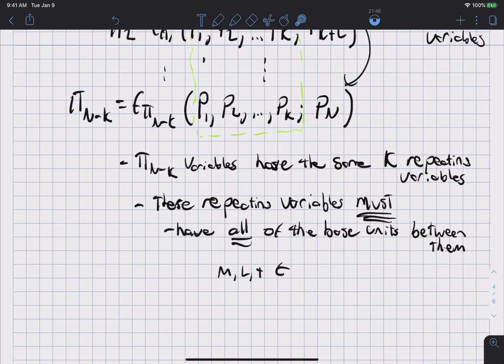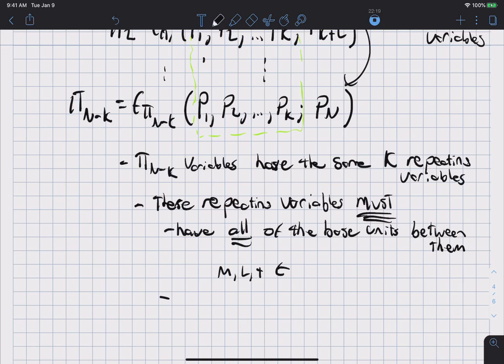So you could not choose, say you had an area and a volume and a length. You could not choose P1 to be a length, P2 to be an area, and P3 to be a volume, because those all involve length. And you're not picking up mass or time. So the repeating variables here must involve all of the base units.